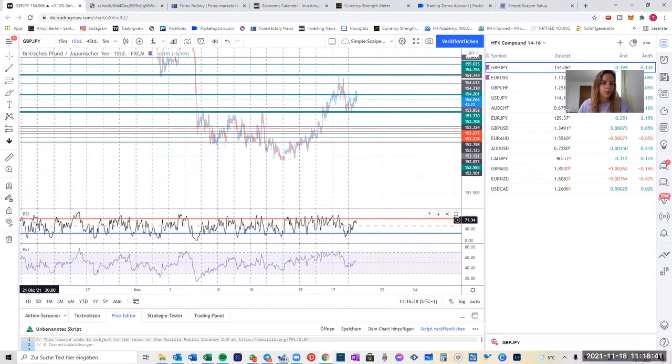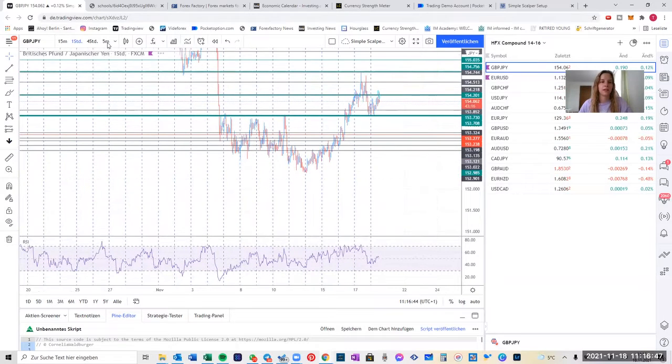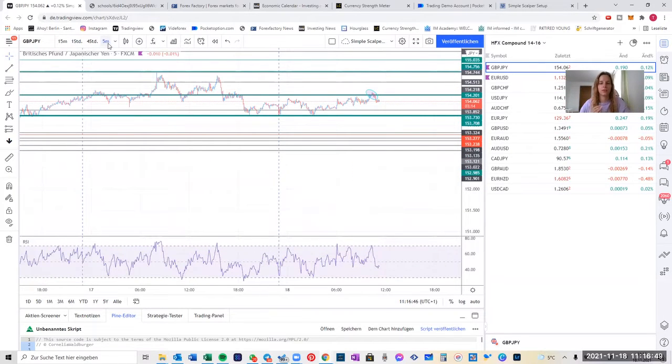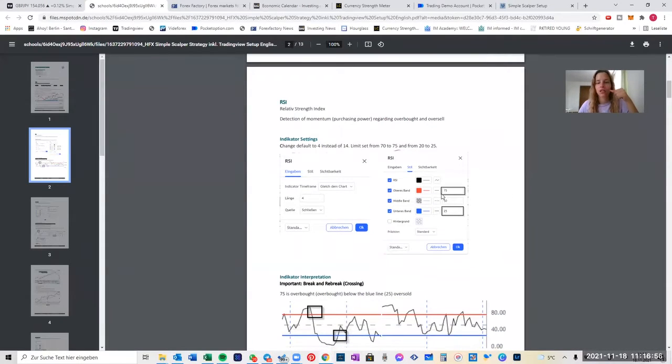So first, when you activate it, it looks like this. It's pretty ugly. I don't like it. I have explained how to set it up. The standard is 70 and 20.